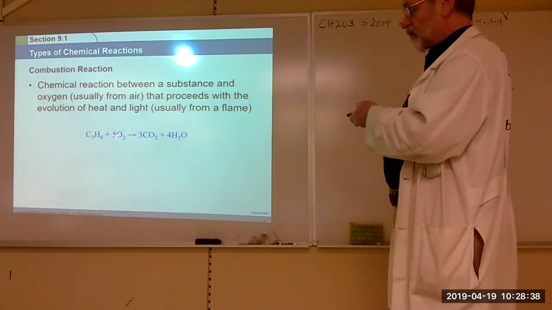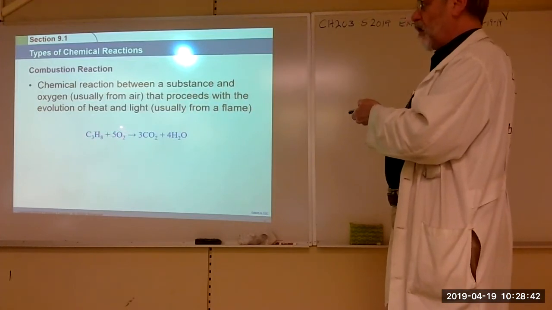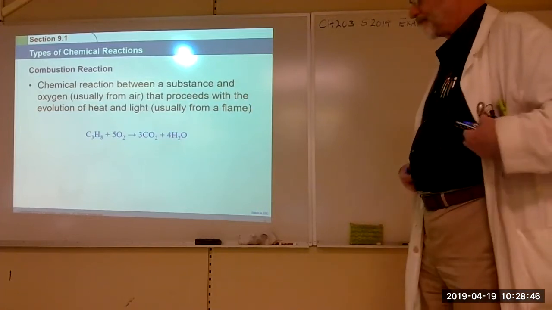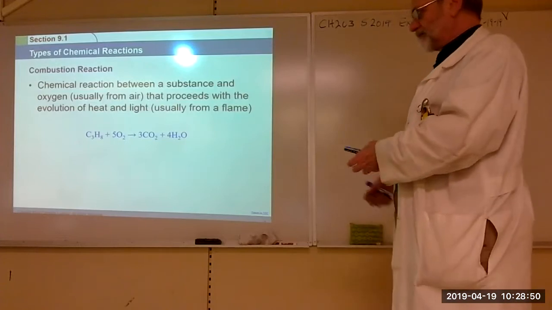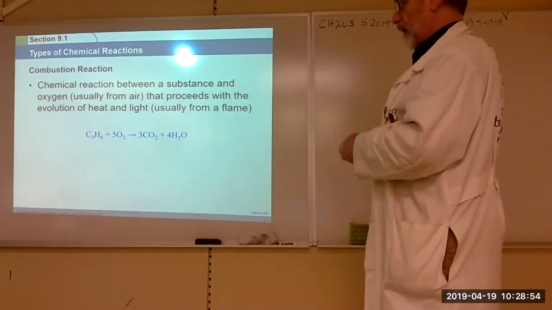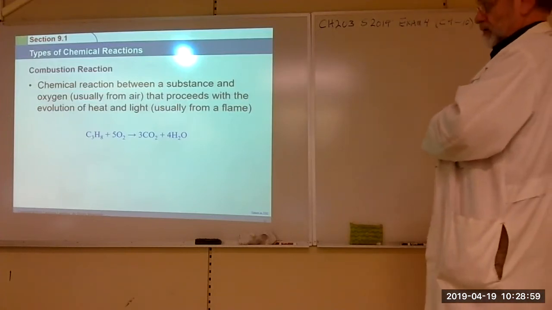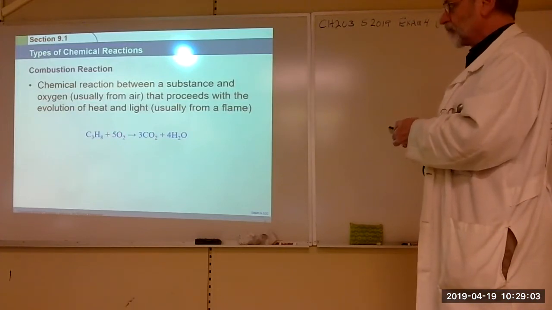And we react it with oxygen. And when hydrocarbons react with oxygen, they always produce carbon dioxide and water, if the reaction goes to completion. There are certain intermediate reactions, but we're not going to hammer that one today. So they always have oxygen as one of the reactants.